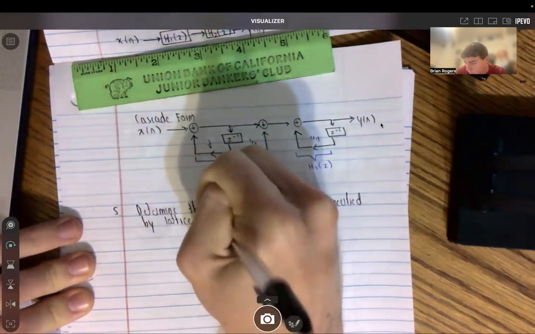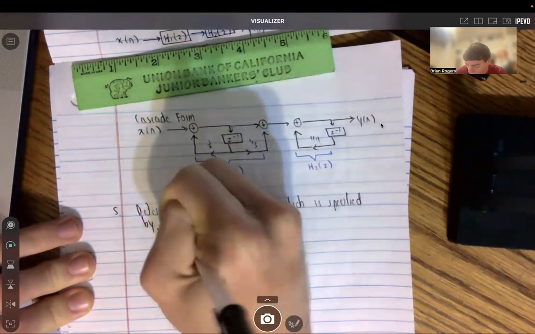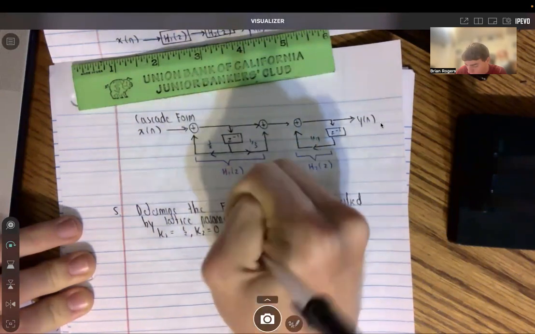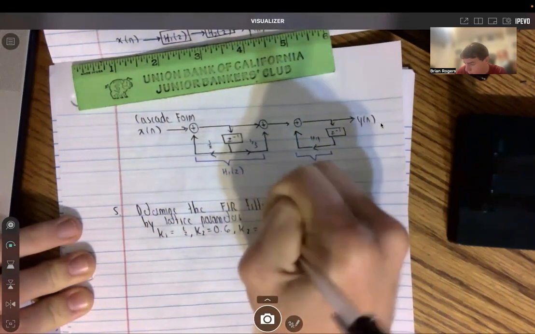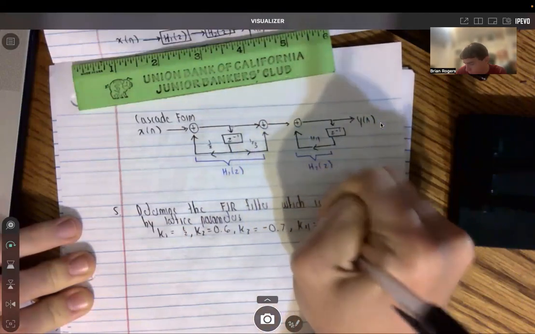And so for lattice parameters, we're going to have K1 is equal to 1/2, K2 is equal to 0.6, K3 is equal to negative 0.7, K4 is equal to 1/3.